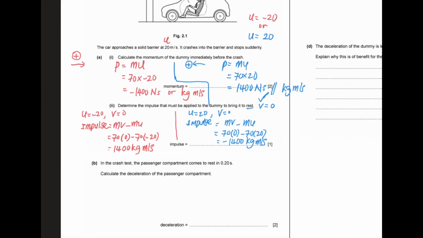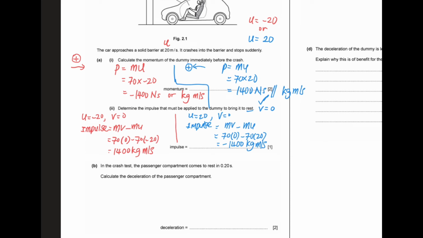Same numerical answer. They look at the number only, they don't care about the plus minus. So they don't care about the sign. So if you take left hand side as positive, this one matches with the mark scheme. This one doesn't match with the mark scheme.